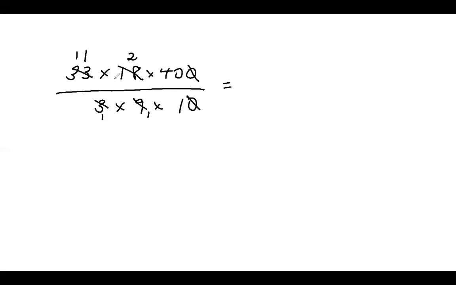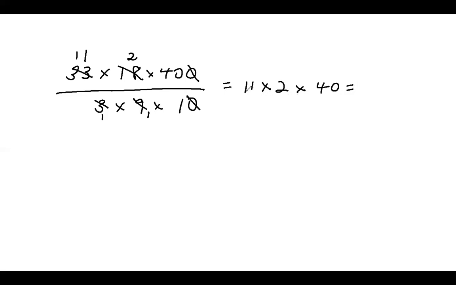Once you've done a lot of canceling, it's often a good idea to write what's left so you don't get confused or make mistakes. So we have 11 times 2 times 40, and our denominator is 1 times 1 times 1.